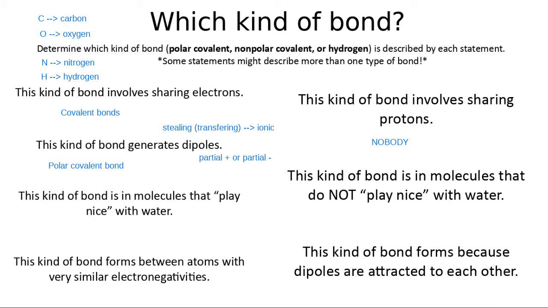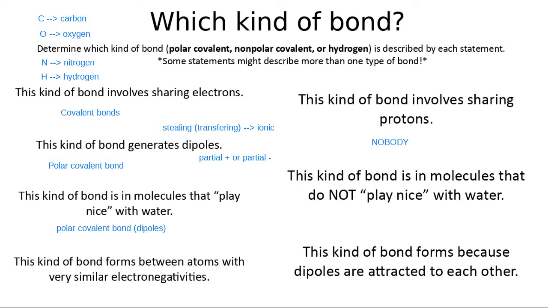So if I'm a polar covalent bond with dipoles, I'm going to play nice with water, meaning I like to be next to water. Water's dipoles look really attractive to me.